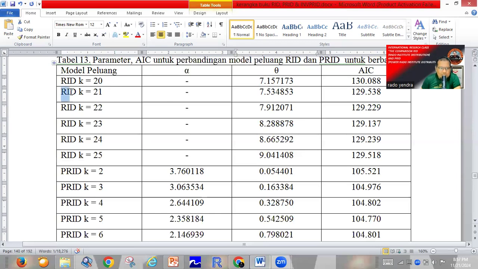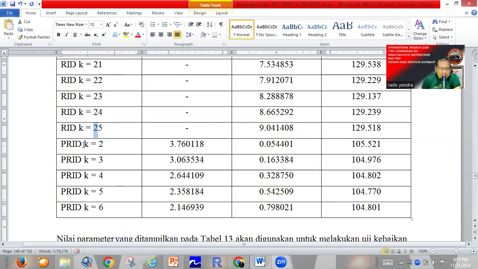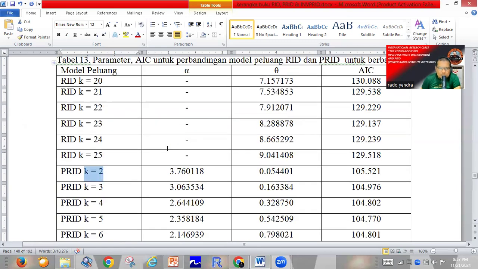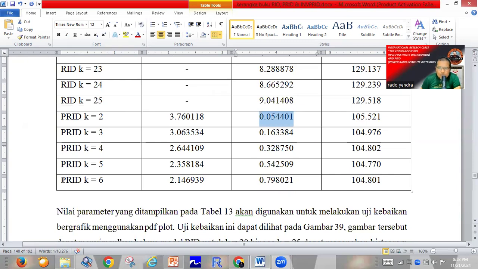The parameter for RID with K equal to 21 until RID with K equal to 25 is 9.04. For PRID with K equal to 2, we have two parameters, the alpha parameter and the theta parameter. We succeeded in estimating the parameters up to PRID with K equal to 6, for both the alpha and theta parameters.